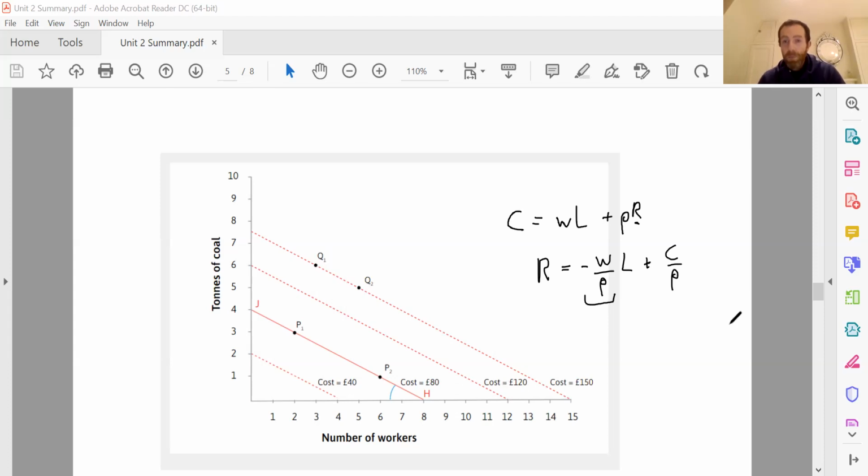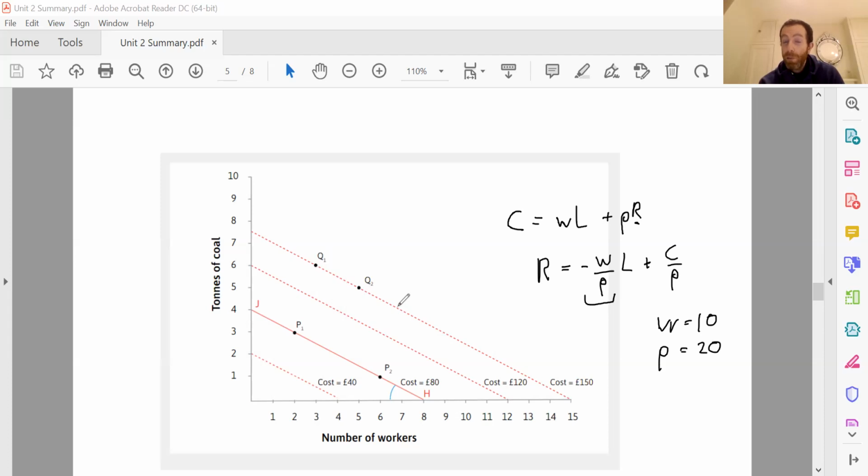Now here, we are assuming that the wage, W, is equal to 10, and that the price of coal is equal to 20, right? And so we've got four different lines here. They all come from just choosing different levels of total cost. So this one's 40, this one's 80, this one's 120, this is 150.